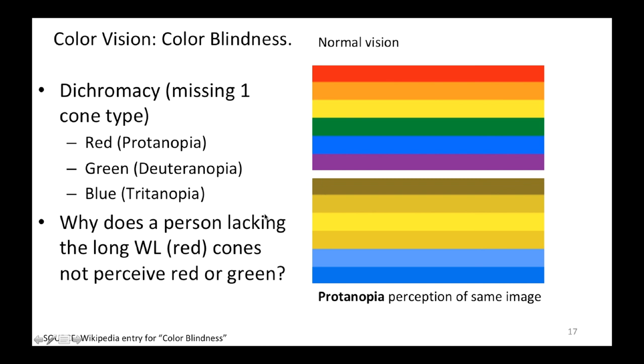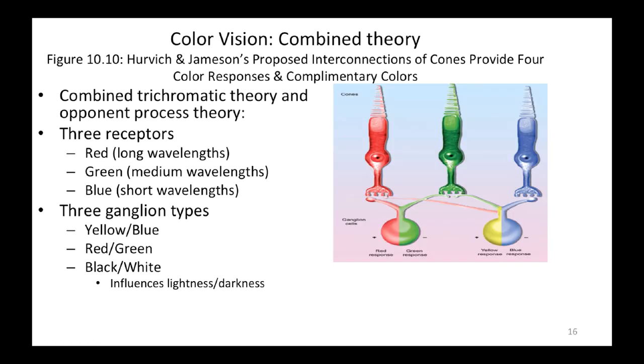So a person that has red-green color blindness, they are not seeing the red because they're missing that long wavelength cone. But notice they're also not seeing green. Why is that? Why would lacking a long wavelength cone, which is critical for seeing red, also prevent you from seeing green? Has to do here with the ganglion cell.